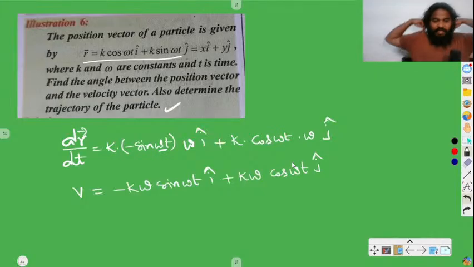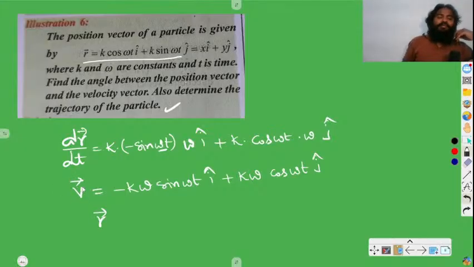He is asking to find the angle between the position vector and the velocity vector. What is the position vector? R bar. What is the velocity vector? V bar. Now you have to find the angle between these two vectors. So you just do r bar dot v bar. Let us check.